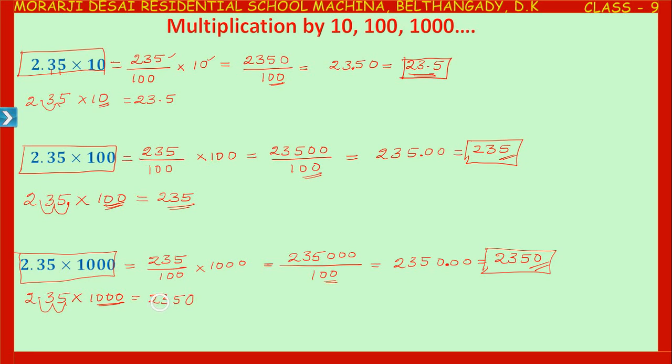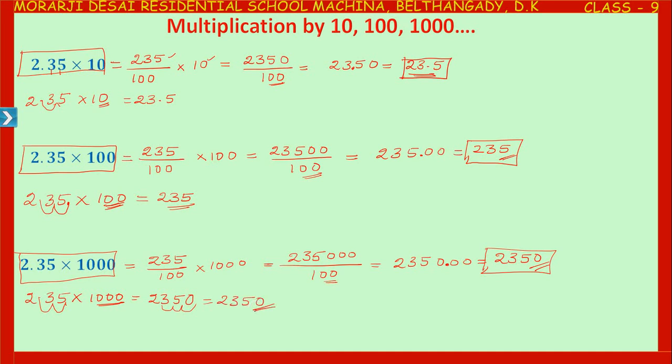Before, the point was here, 2.35. Now 1, 2, 3. So the point comes here. If the point comes at the end of the whole number, no need of putting it. So this is equal to 2350.